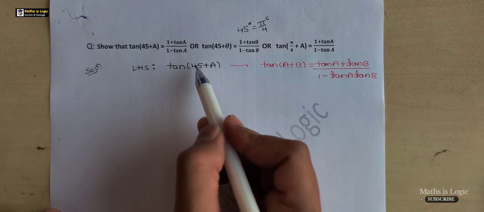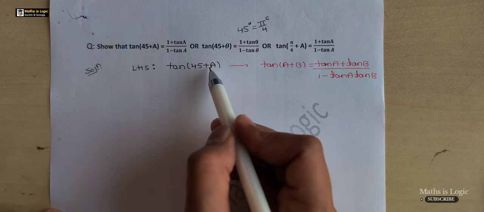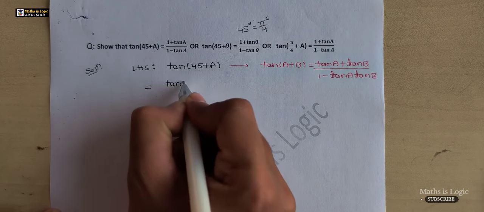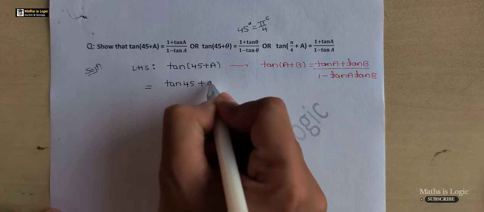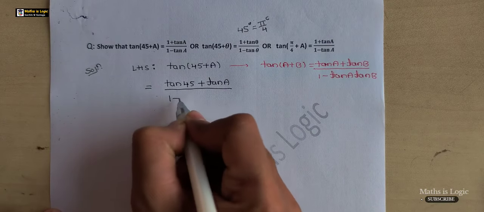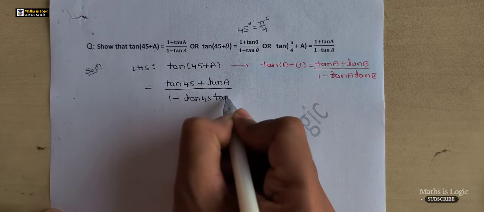Wherever A comes, replace it by 45. B means A. Again, wherever B comes, replace it by A. So this becomes tan 45 plus tan A divided by 1 minus tan 45 into tan A.